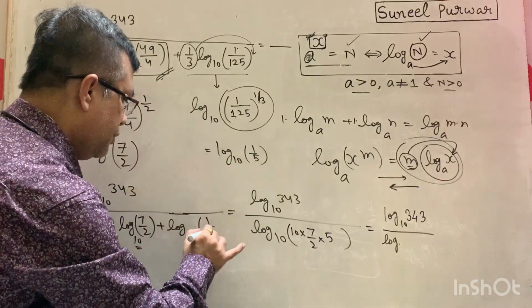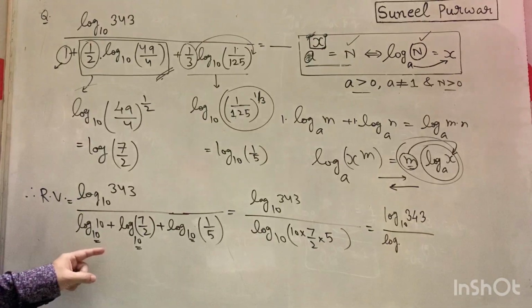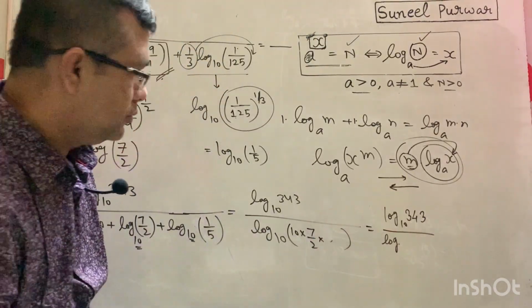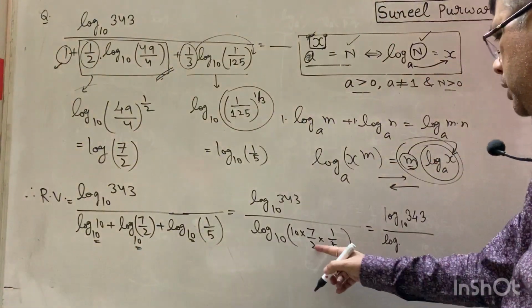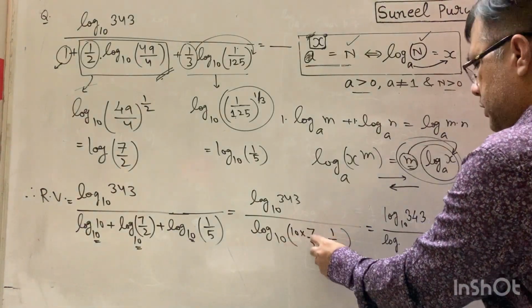A little slip could have cost us dearly, but in the right time we recognized it. So this is into 1 by 5. So you see this became what? Log of 2 5s are 10, cancel with this 10. What is left? Log of 7 to the base 10.